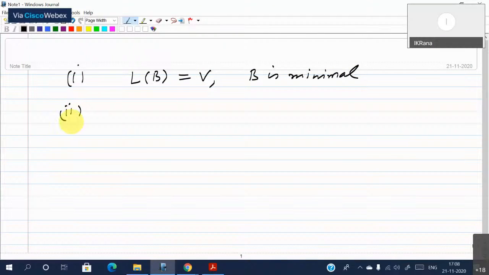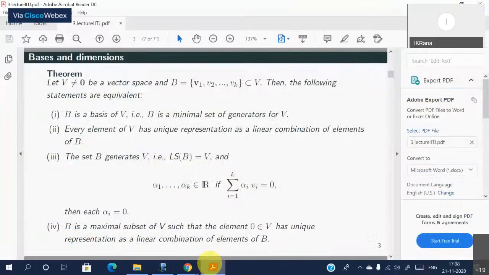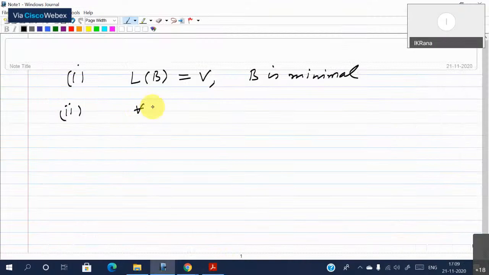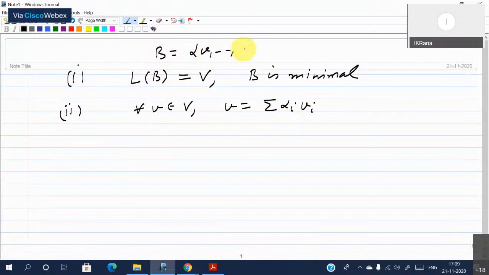And 2 says every element of V has a unique representation. So let us write. So for every vector v belonging to V, v is equal to sigma alpha I Vi, where B is V1, V2, Vk.